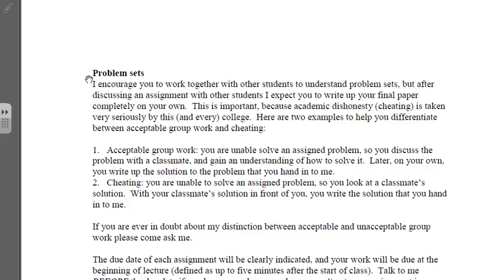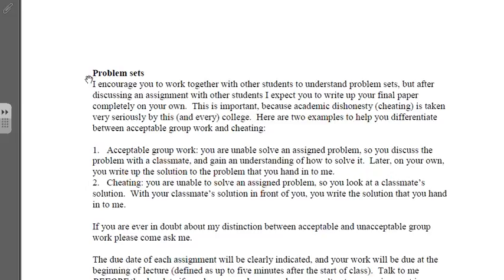The only thing that I want you to do on your own is write up the problem set that you turn in from your own understanding of the material. To me that is the difference between copying someone else's work and working together to gain an understanding. So someone can explain step by step how to do something that you're not getting.